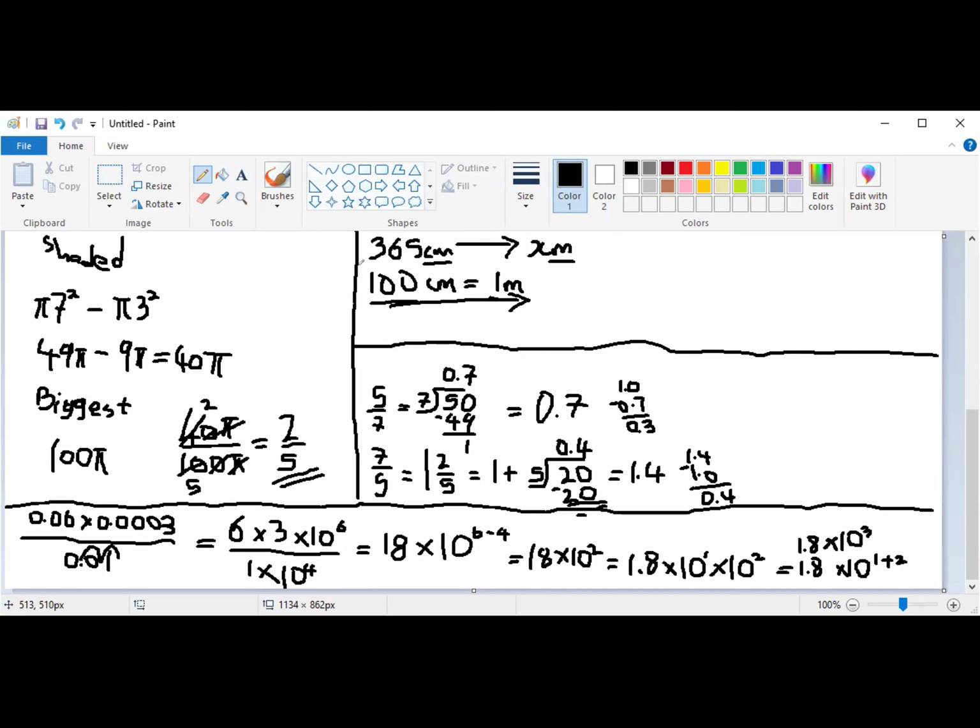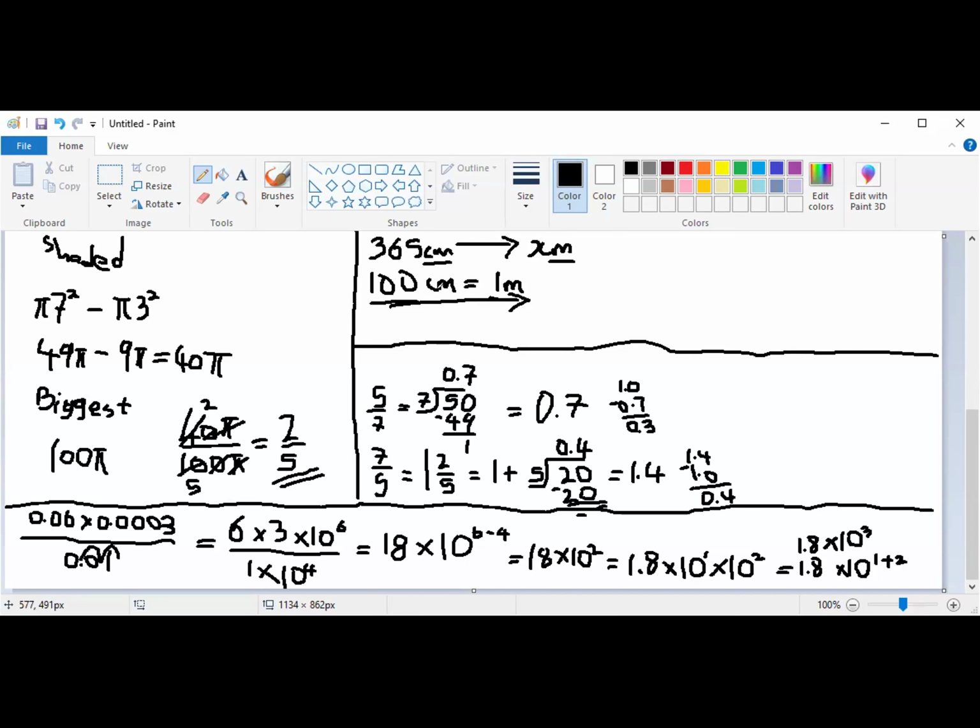Now, on the left hand side, I have a big number. On the right hand side, I have a small number. That tells me that if you can only do two things, either multiplication or division, what will make a big number become a small number? That would be division, isn't it? Yes.